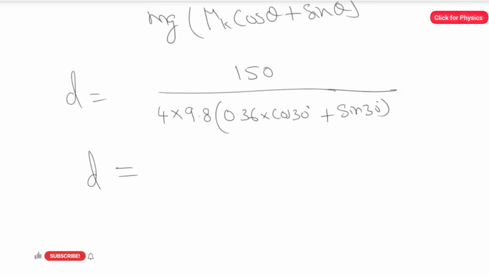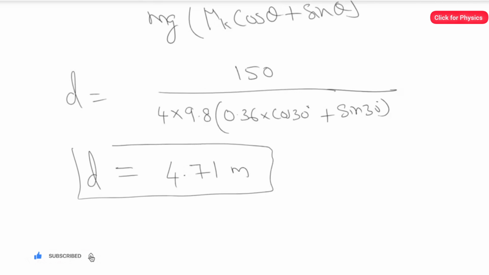The answer I got is d equal to 4.71 meters. So this is the answer for this question.